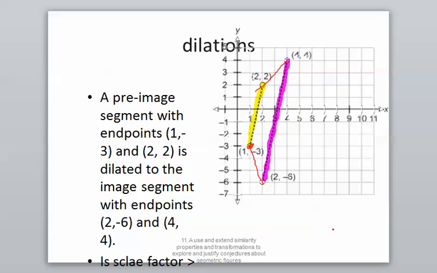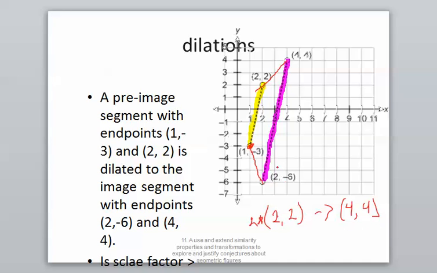Well, one of the things you can do is the scale factor works with the points as well. So I can say if I go from 2, 2 to 4, 4, what did I have to multiply this by? Well, I had to multiply it by 2, didn't I? To be able to get that 4, 4.